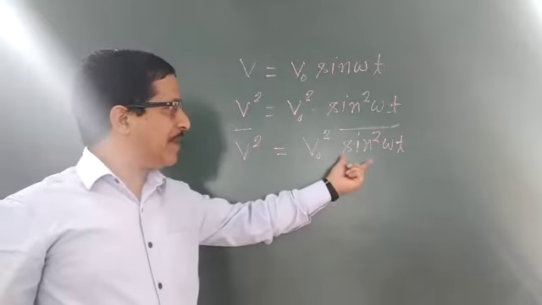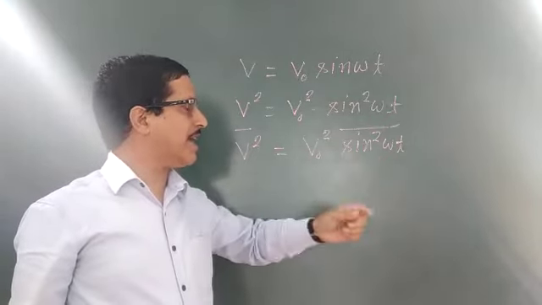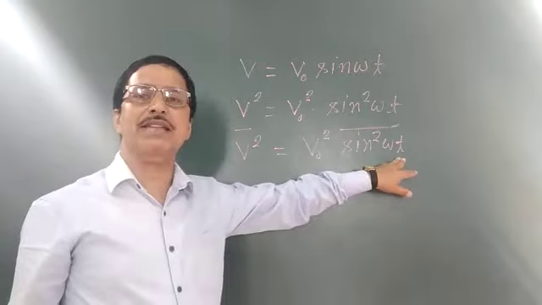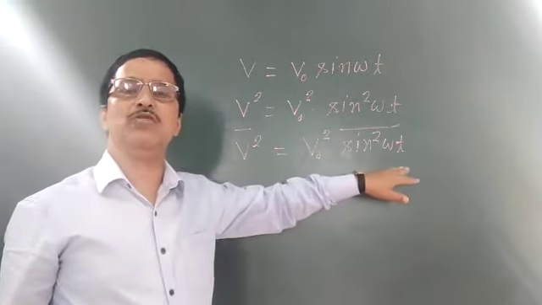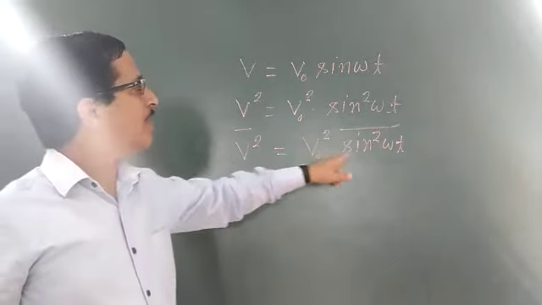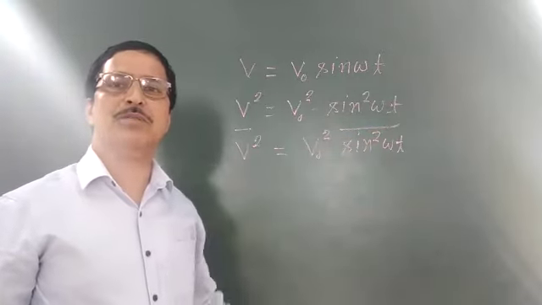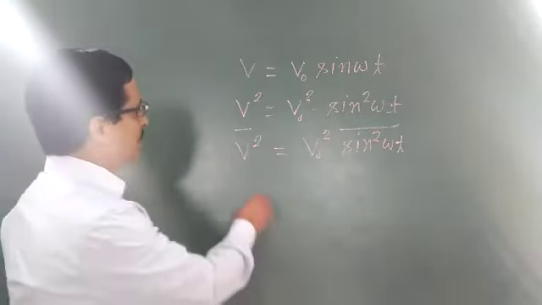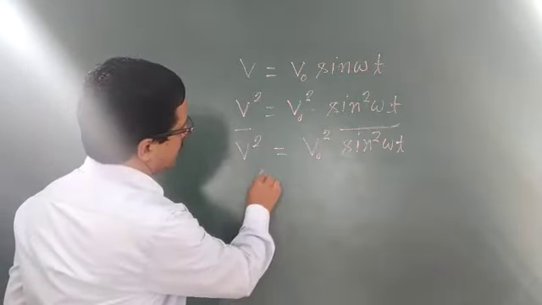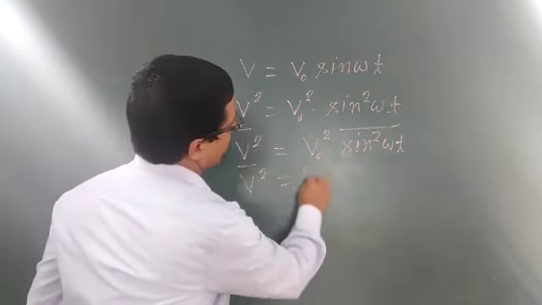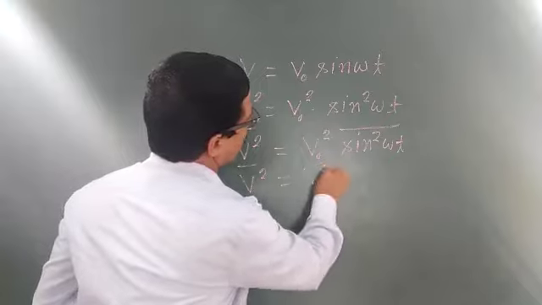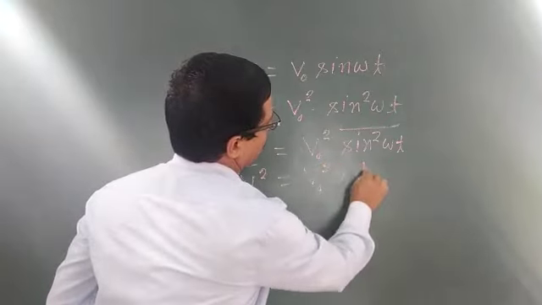Now it can be seen mathematically that for a complete cycle, the average of sin square omega t is 1 upon 2. So I will replace sin square omega t bar by 1 upon 2 for a complete cycle, so that I get V square bar equal to V0 square into 1 upon 2.